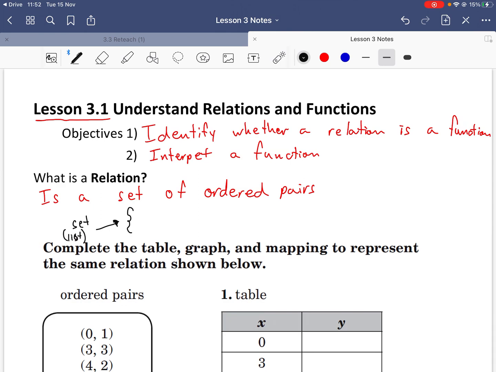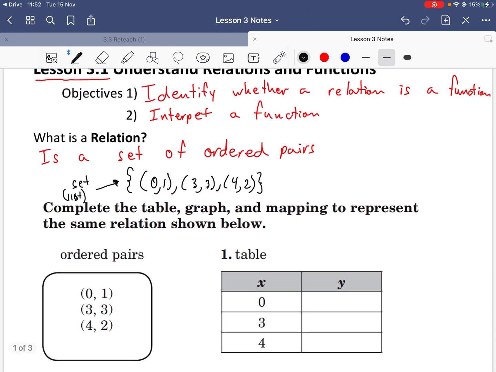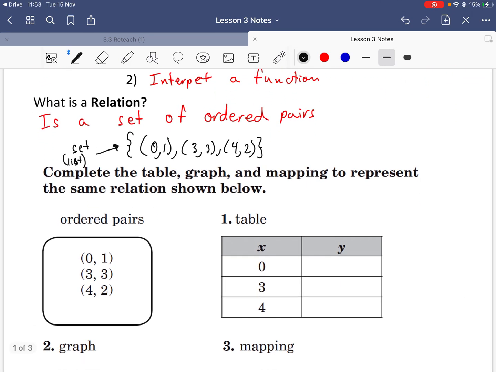So our set of ordered pairs we could have is (0, 1), (3, 3), (4, 2). And this is any list of ordered pairs. And we close the brackets with another curly bracket so that we can tell that this is a set.